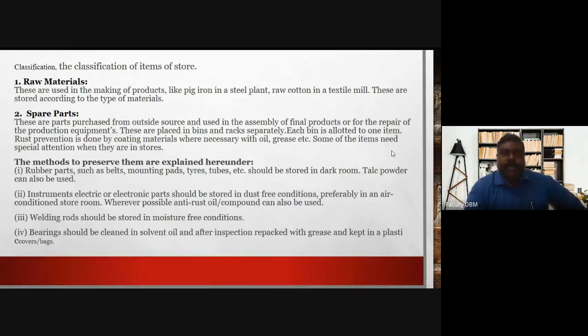Bearings should be cleaned in a solvent oil and, after inspection, repacked with grease. Ball bearings will be there. Normally, if you buy a ball bearing, it will compulsorily be greased. Otherwise it doesn't work. They should be kept in plastic covers and bags. We have to store these greased products in packed form. Otherwise they become rusty and useless.